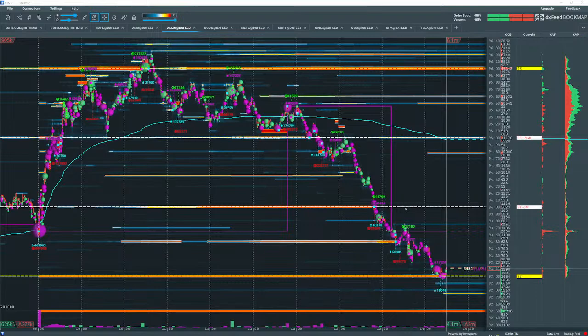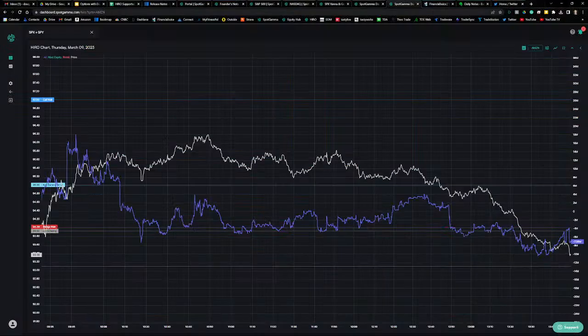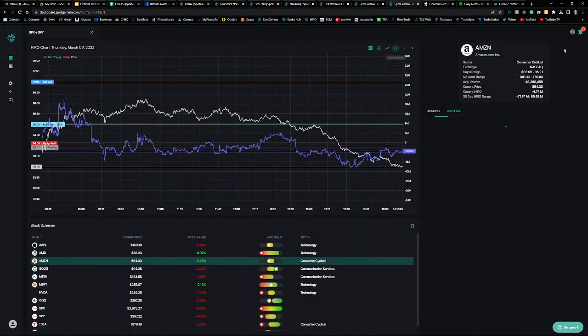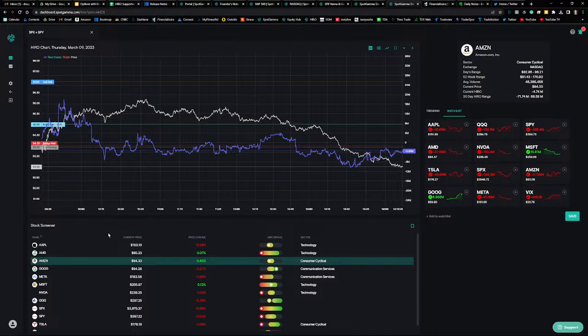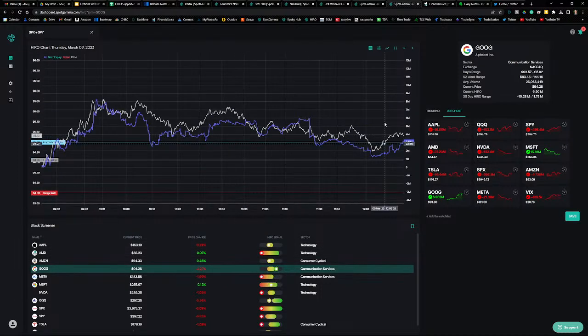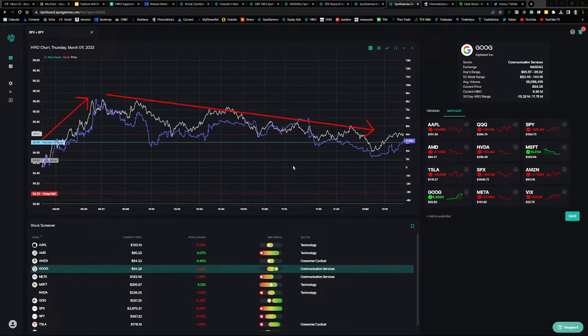Let's go back and take a look at Hero again. Note the correlation between hedging flow and price action is not nearly as clear as AMD. All right, the next one, Google, AM confirmation. And then there's a stronger correlation between options trades, hedging flow, and price action.